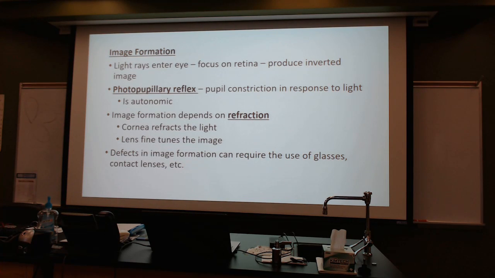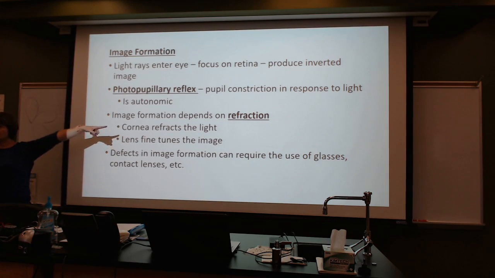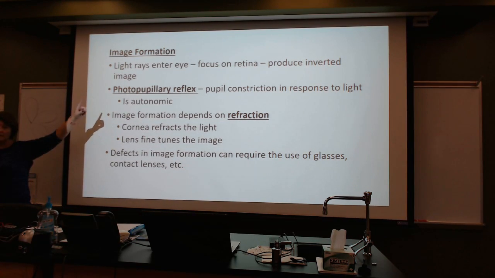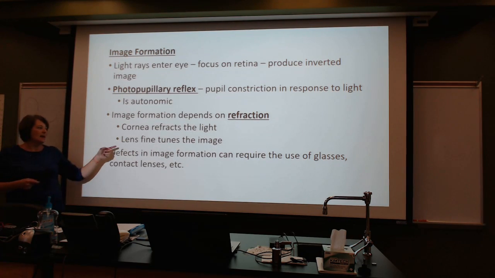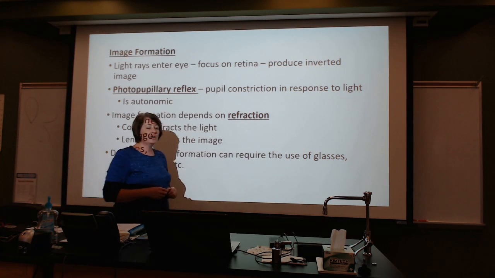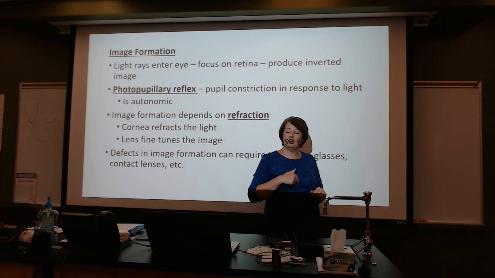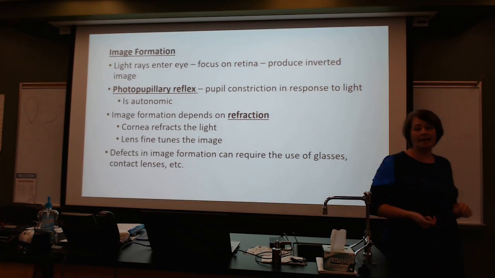That formation of the image does depend on all parts of that eye bending or refracting the light. The cornea is going to have a major input on refracting the light, and the lens will help to fine-tune that image.